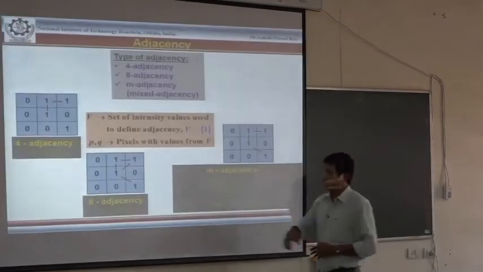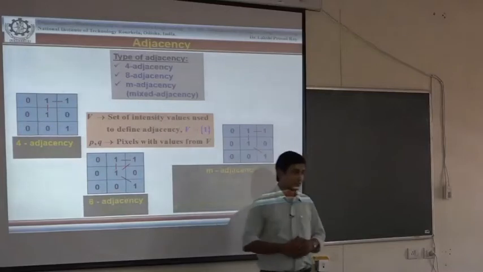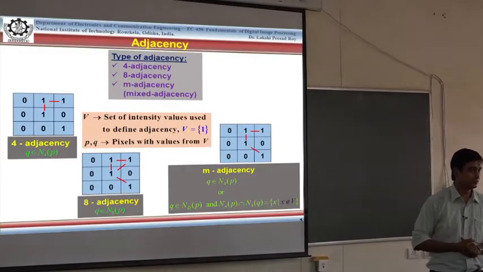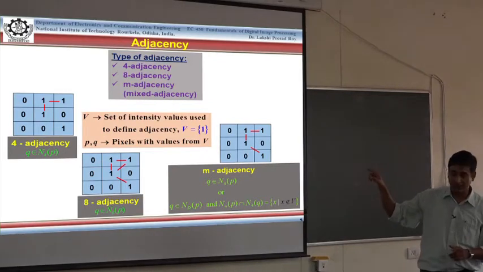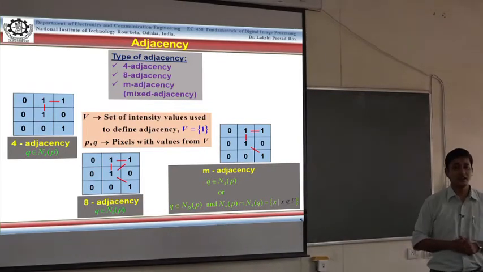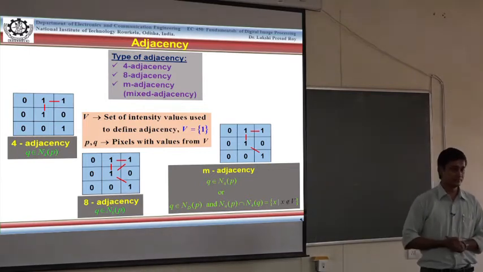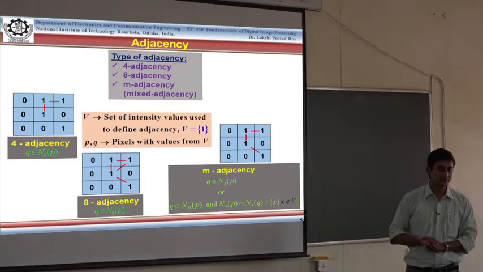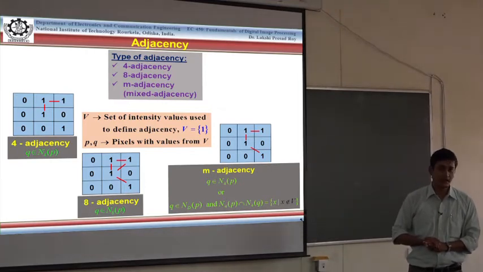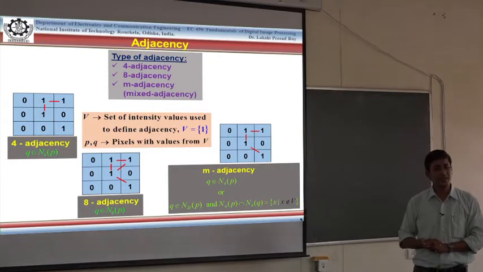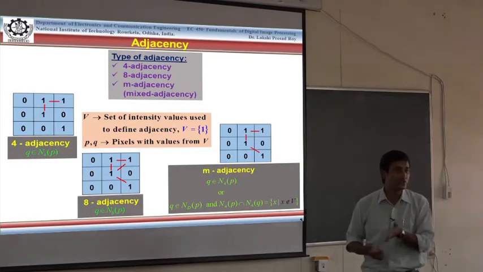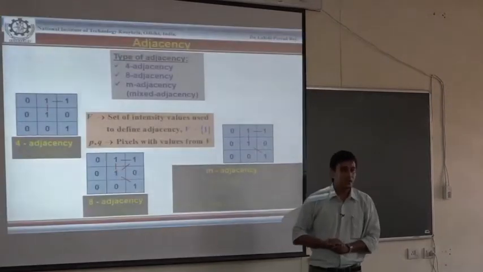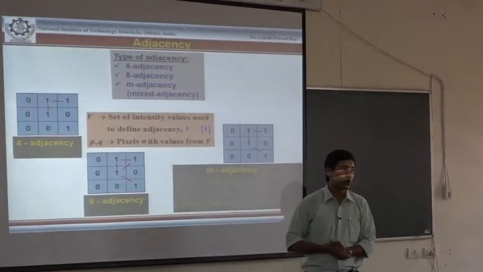Okay. So, we found the adjacencies, meaning these pixels are adjacent to one another. Those who are connected by this red line are adjacent to one another, through 8 adjacency. Sometimes people may like to travel a path, or I may like a unique path to move from one place to another.